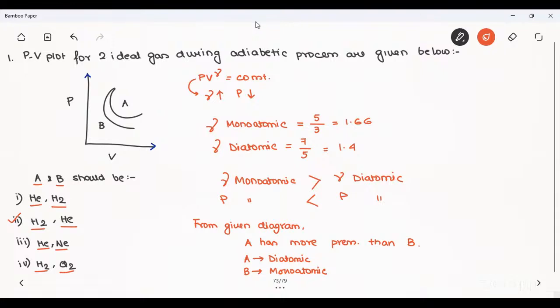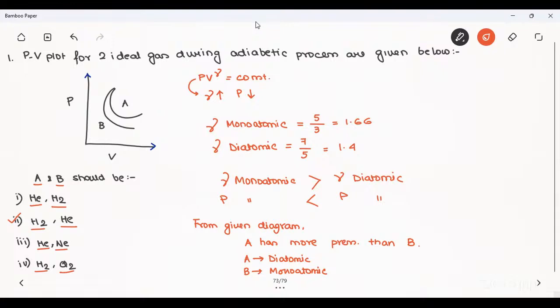Yes, ma'am. So, now from this diagram, check. From this diagram, A has more pressure than B because A is above B, right? And if the pressure of A is more than B, so what is this?